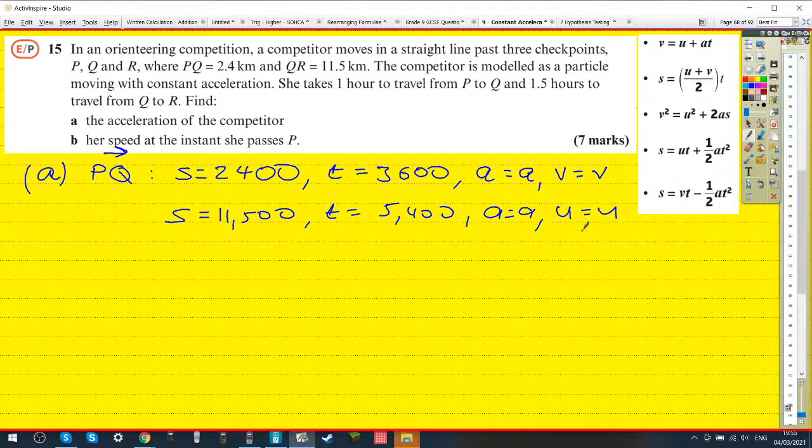So, for the first one, S would be 2,400, and T is 3,600, A is A, V is V. Could you use S equals VT minus a half AT squared?